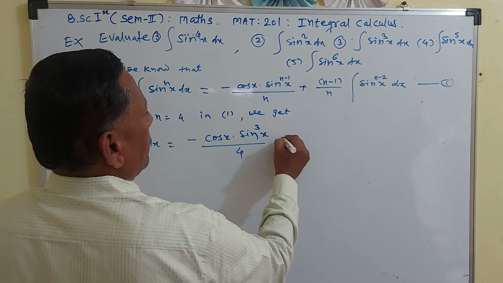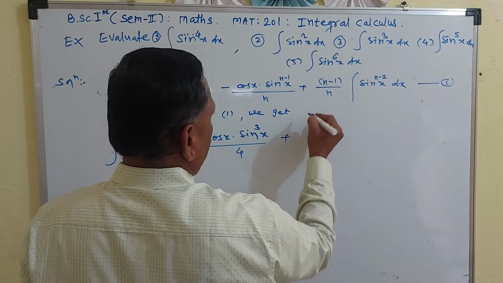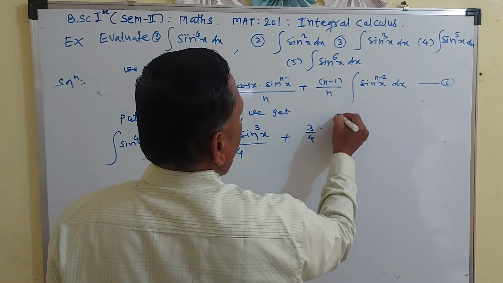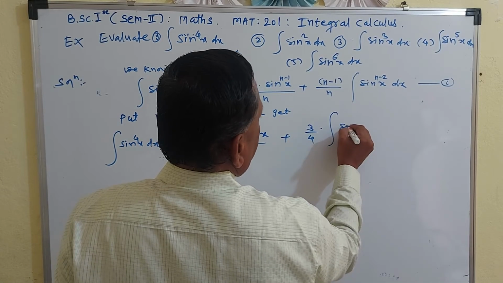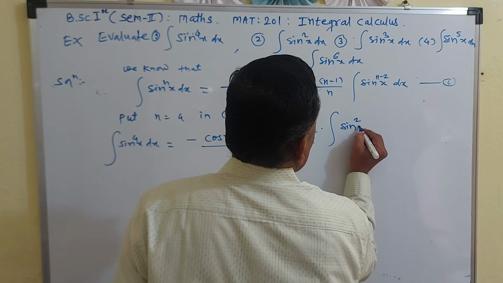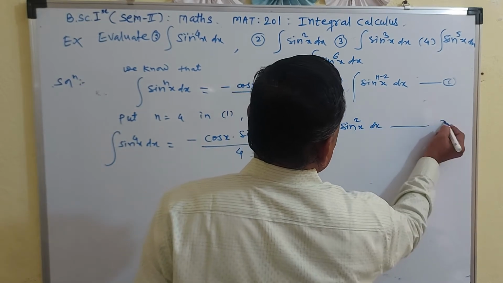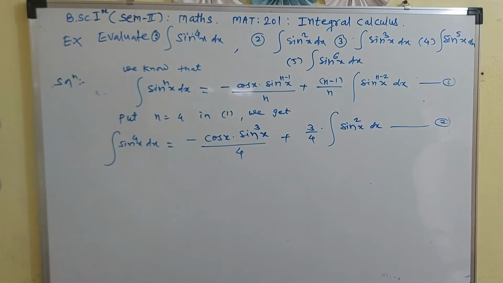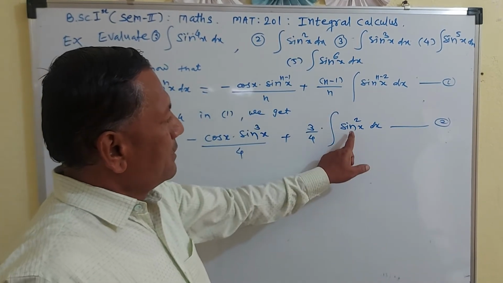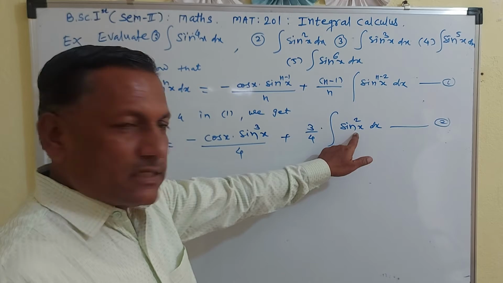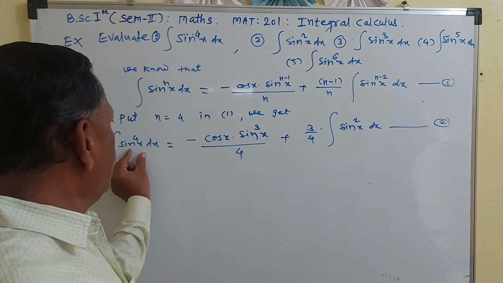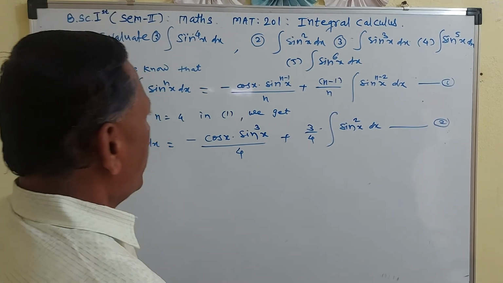Then plus (4-1) upon 4, that is 3 by 4, into integration of sin^(4-2) x, sin square x dx, number 2. If you have the integration of sin square x, then you substitute it here, and then you obtain the integration of sin^4 x dx.